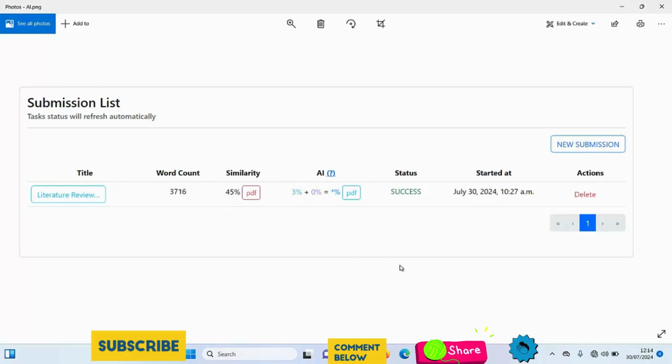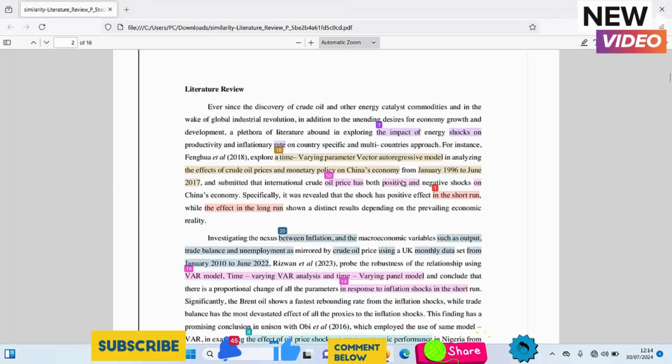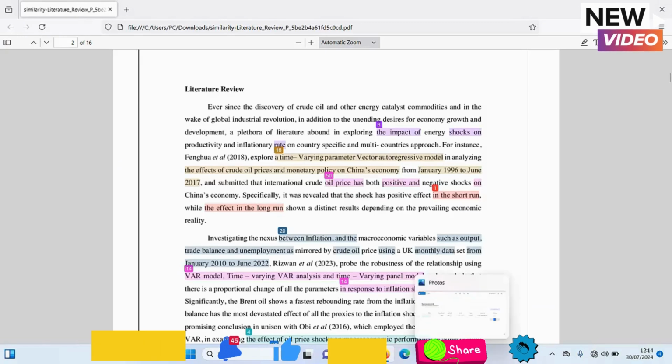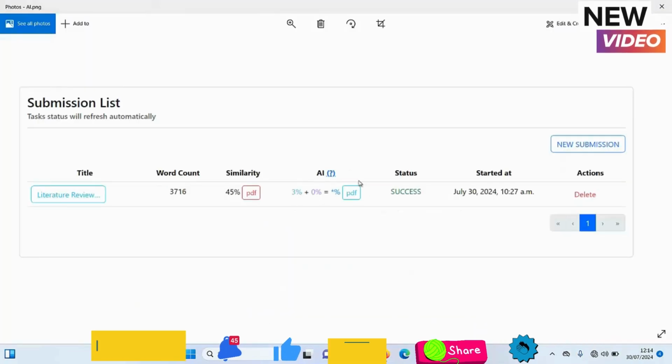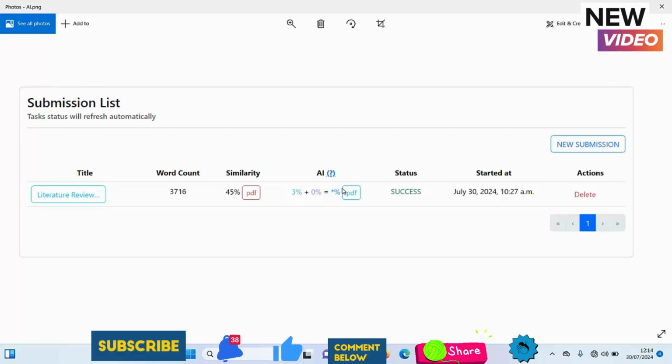So assuming the guy that sent this particular document used AI, now from here I will know, of course this is not always true, but when you see that the AI is around 40 something percent, 50 something percent, you should know that the author used AI, or the author picked the main idea from one AI software.